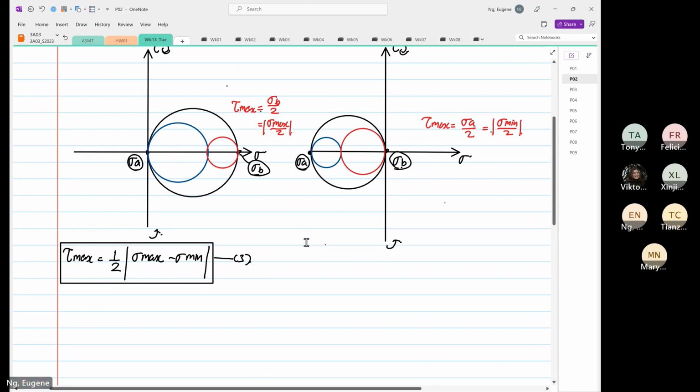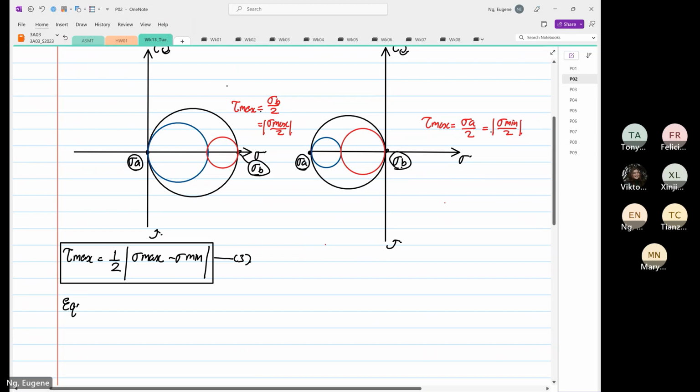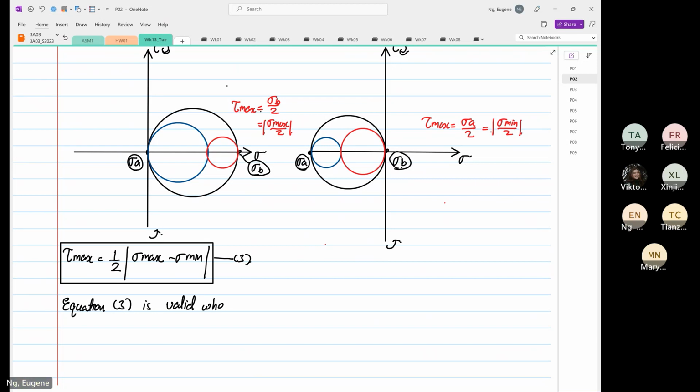Equation number 3 is valid when the principal stresses are not equal to 0.